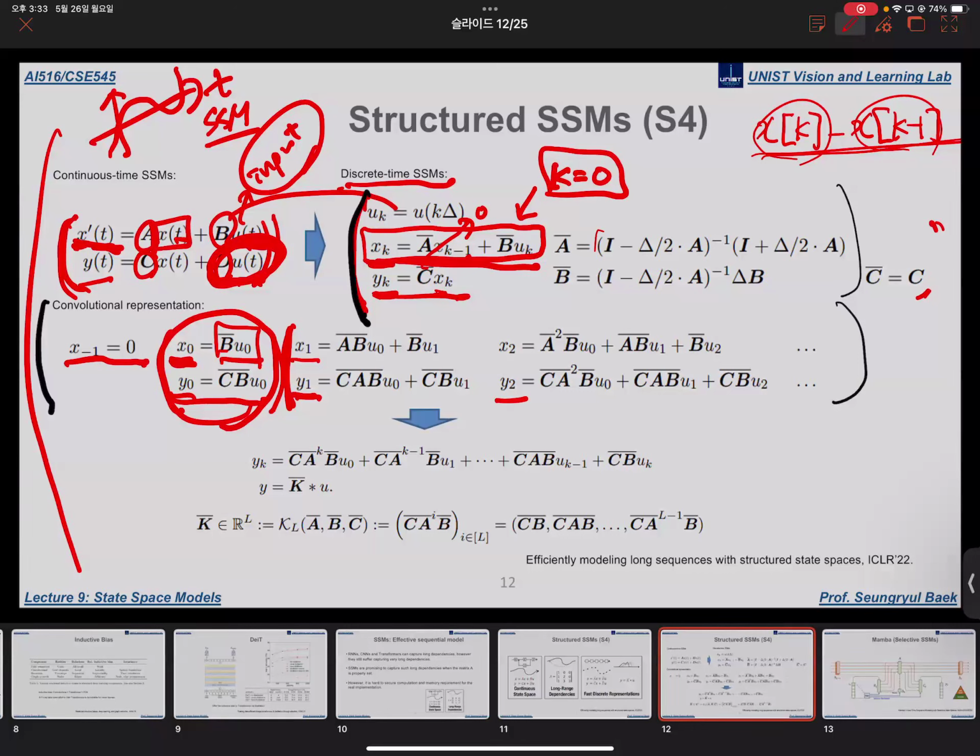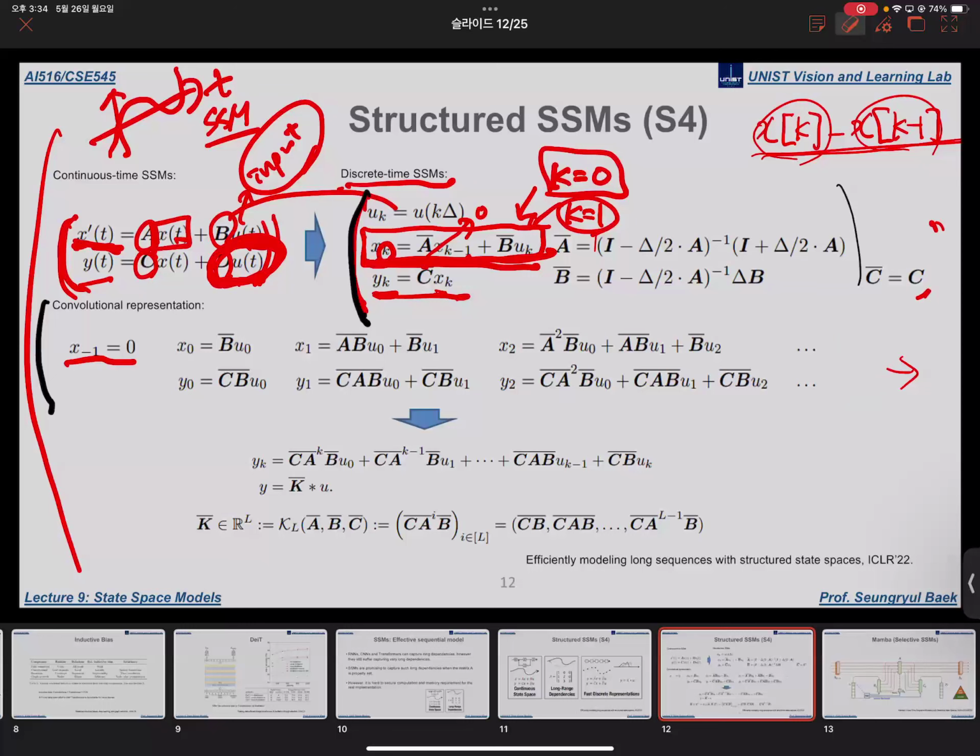You can apply k is equal to 1 to this formula and find that x1 could be obtained by this, and y1 could be obtained by this formula. So you can calculate one by one like this. So these signals x1, y1 and x2, y2, x3, y3 can be sequentially calculated like this.